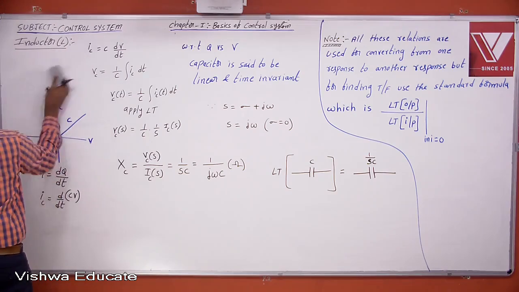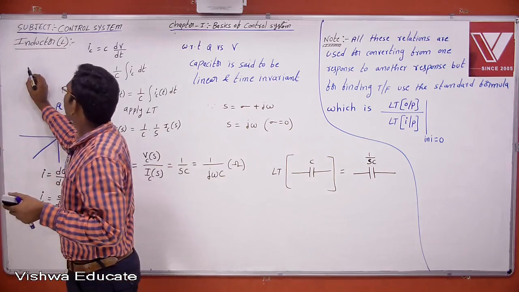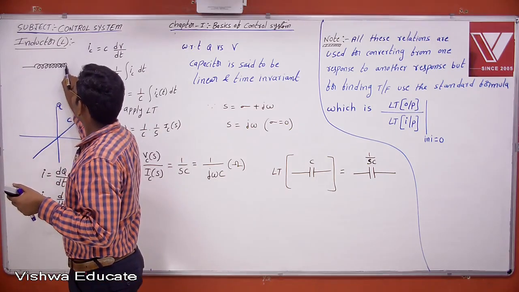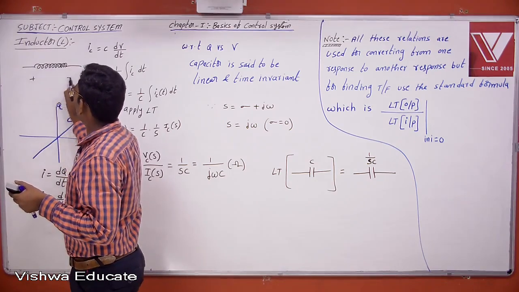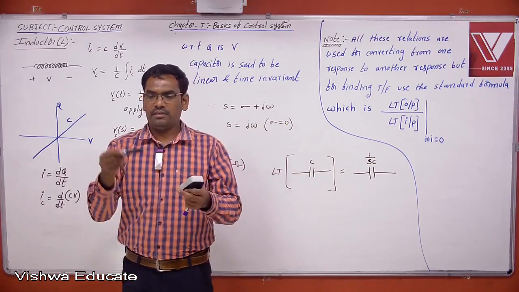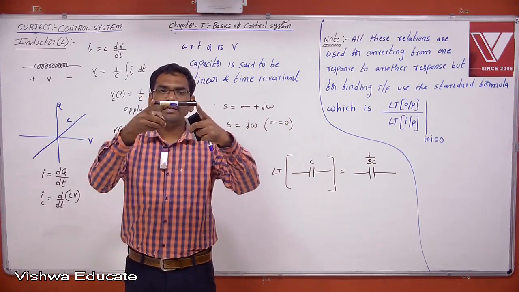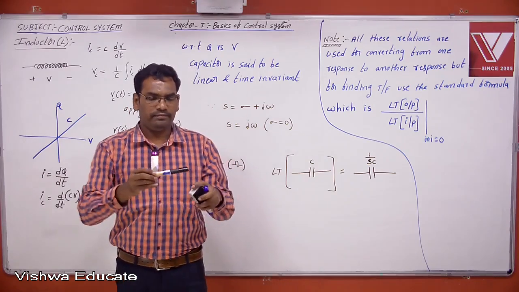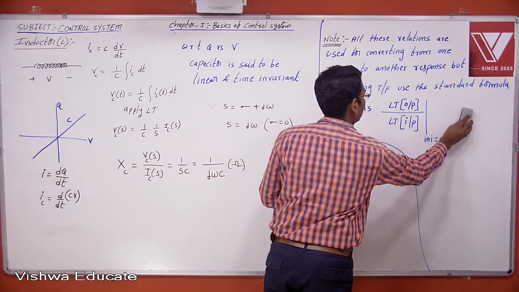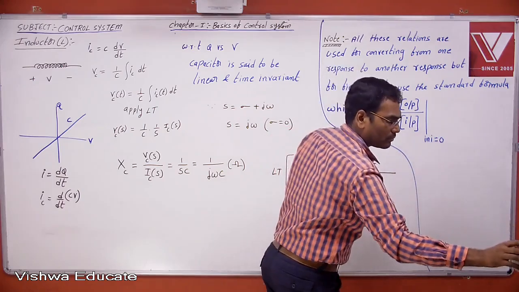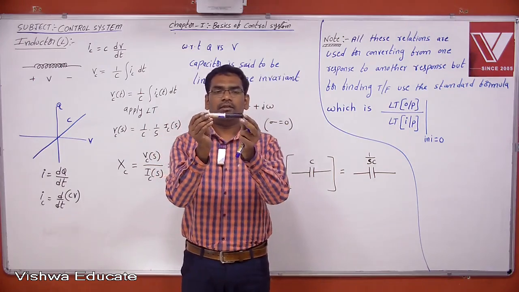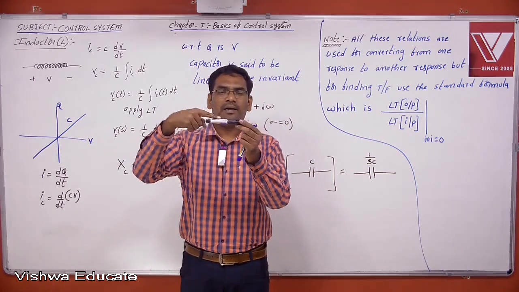Now if you take a coil and apply a voltage across this coil, then current passes through this coil.